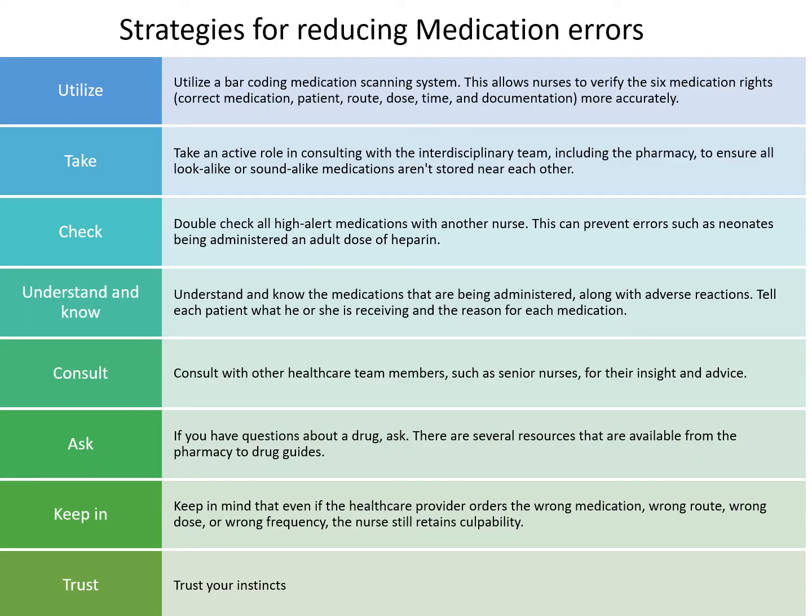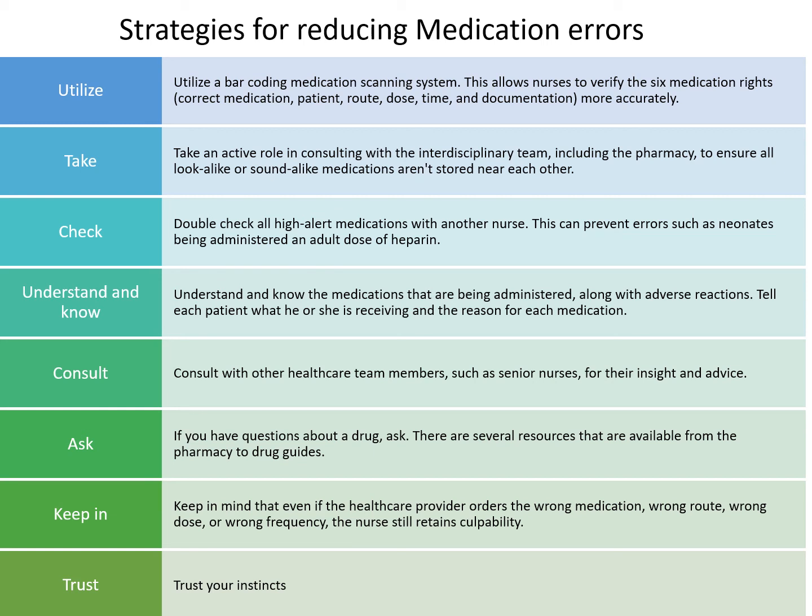Okay, and here's another slide on strategies for reducing medication errors. So utilizing barcoding medication scanning systems, very common in hospitals now, whether it's the unit or a ward or the emergency room. Most places are using barcoding to verify medications.